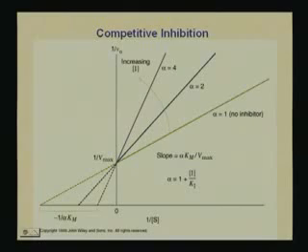The maximal velocity attained can be the same. Why? Because the total enzyme concentration is the same. What about the Lineweaver-Burk plot for the inhibitor? It is going to have a steeper slope. Why? Because we are going to have increased Km. Okay. So that completes competitive inhibition. This is a type of reversible inhibition.